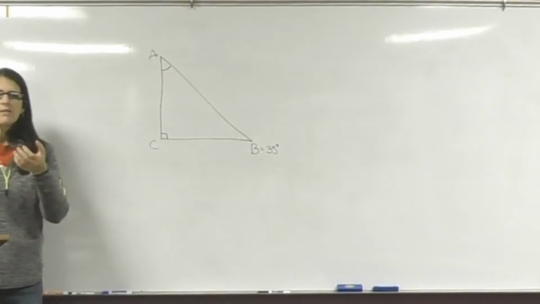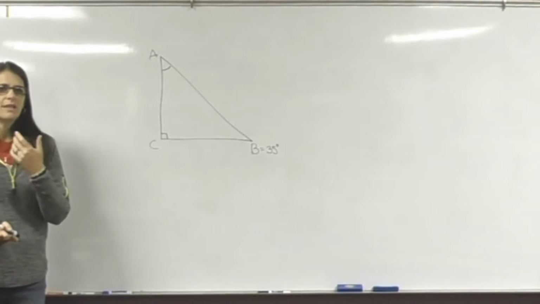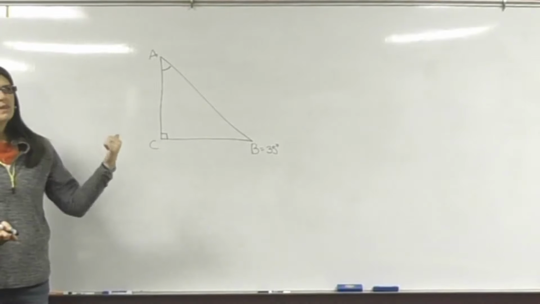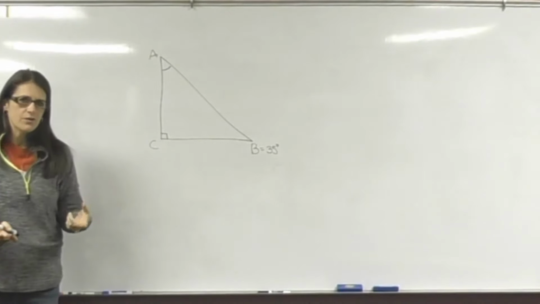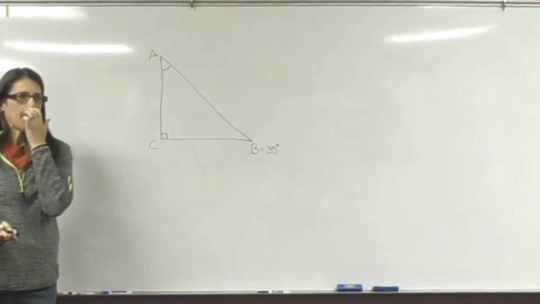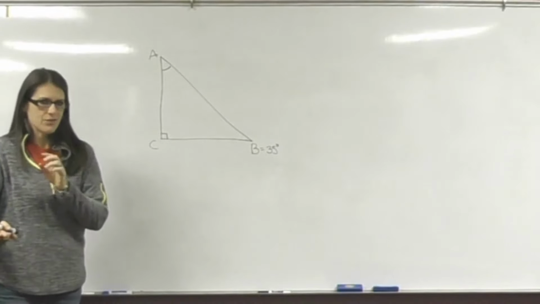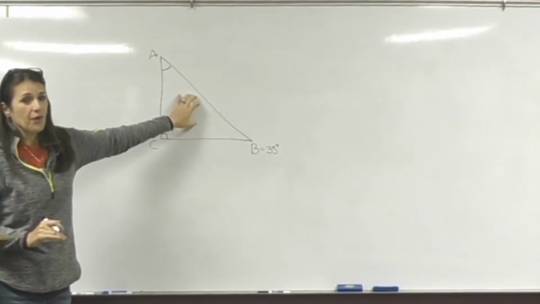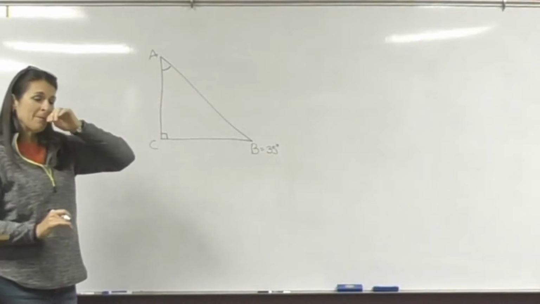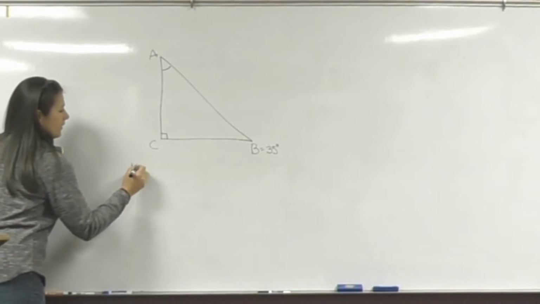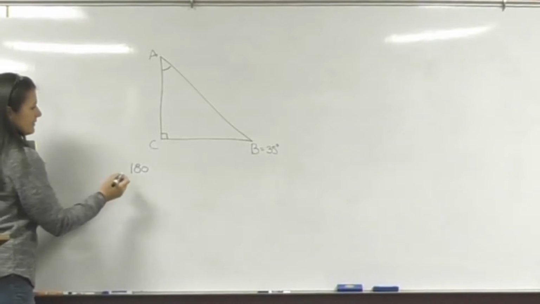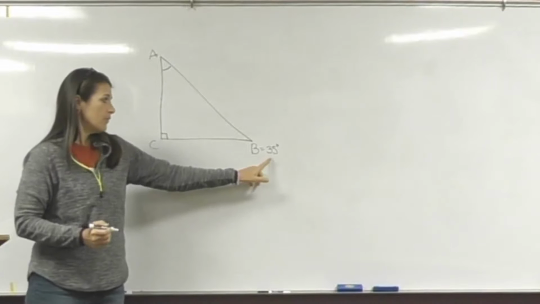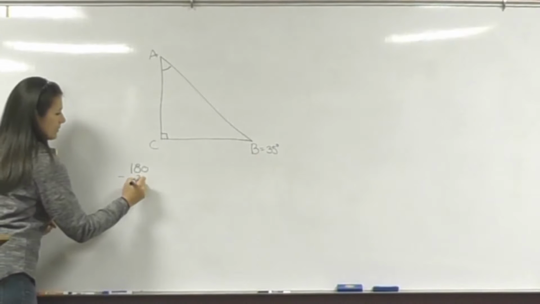So basically you're going to do what you did yesterday. That, however, is the long way. So we'll do it the way that we did it yesterday first, but then we're going to talk about a shorter route to get to the answer, okay? So I know that in this triangle there are 180 degrees. So doing it how we did yesterday, there's that, and then I'm subtracting this angle that I know, angle B, 35.